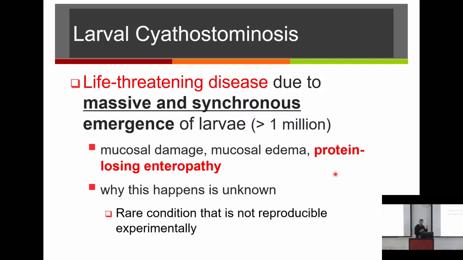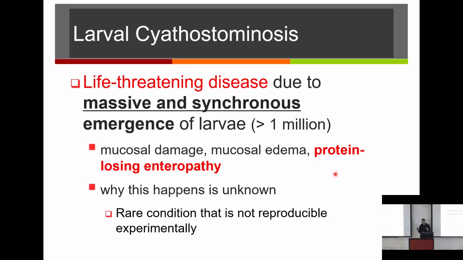This is a life-threatening problem, and you will see millions of larvae in the feces. The reason why this larval cyathostomosis happens is unknown, but it causes a very strong protein-losing enteropathy. They will damage the mucosa because millions of larvae emerge in the intestine.